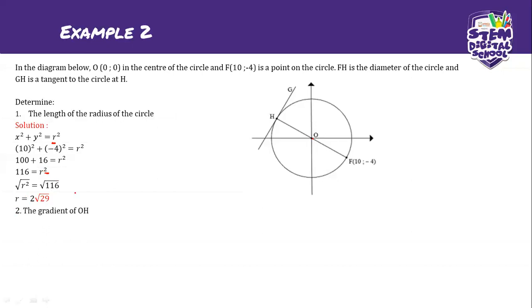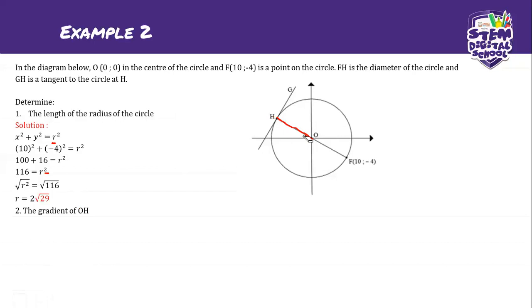The next question says determine the gradient of OH. So we are looking for the gradient of which line? This line here. Earlier on, I explained that to calculate the gradient, you need 2 points.